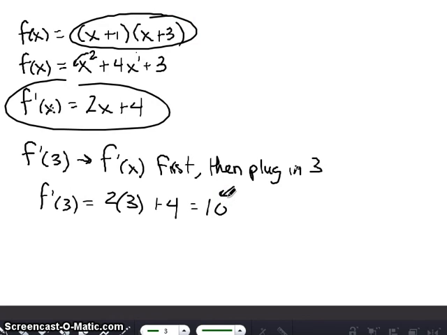The last thing we need to look out for: we don't have a rule for products, and we also don't have a rule for quotients. Not all quotients we're going to be able to get rid of. Let's say 3x to the 4th plus 2x squared plus 7 over x.